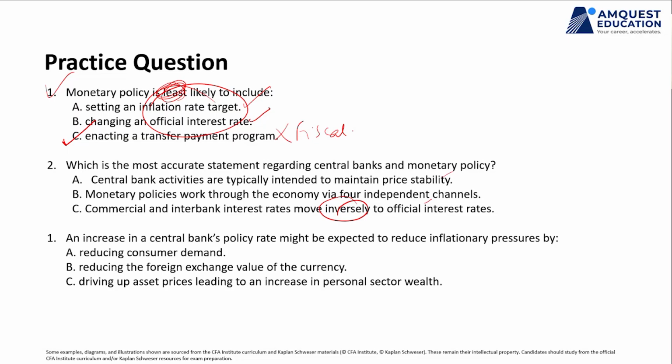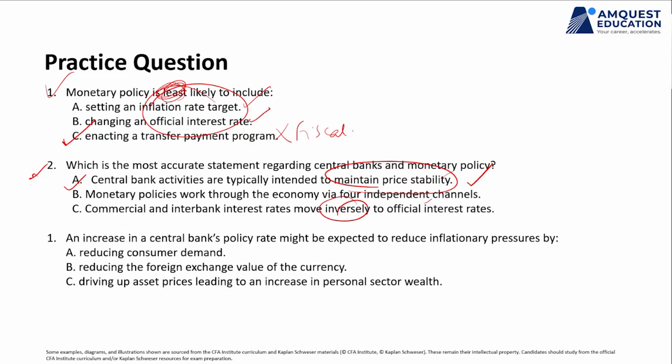Monetary policies work through the economy via four independent channels. Okay. So what's the answer? Everyone knows monetary policy is there to maintain price stability. We've been discussing this: the primary objective of monetary policy, the first objective, is price stability.